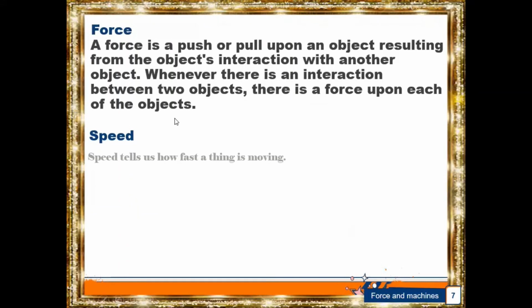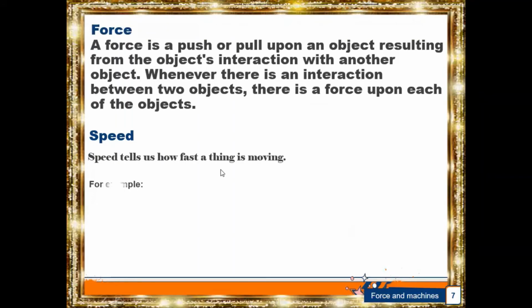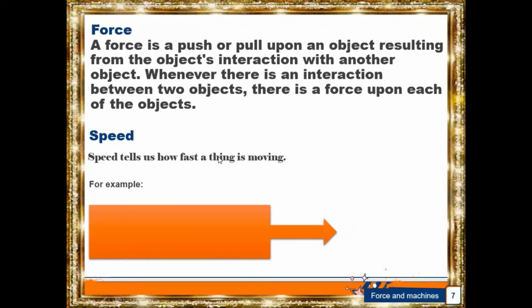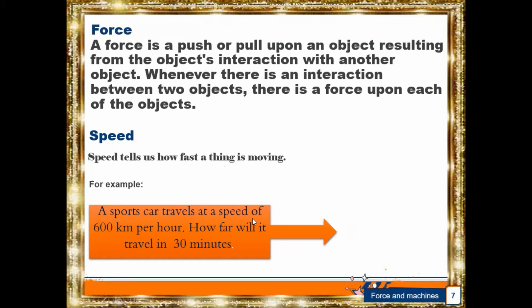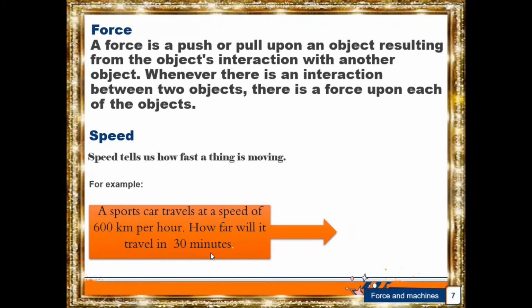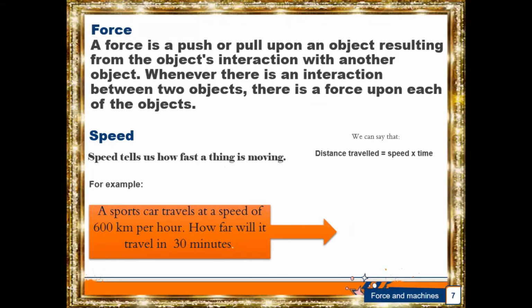Speed tells us how fast a thing is moving, in which we learn about one example, which is on your book, page number 86. Here I share one, that is a sports car travels at a speed of 600 km per hour. How far will it travel in 30 minutes? As we can say that distance traveled is equal to speed multiplied by time.